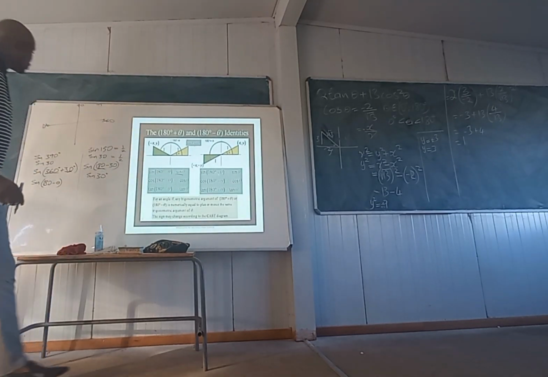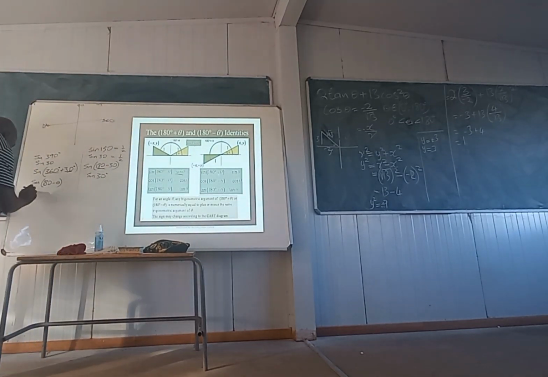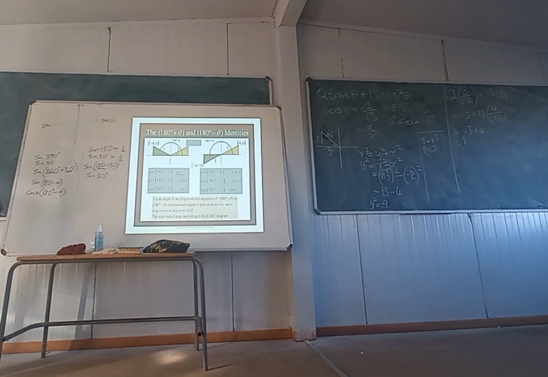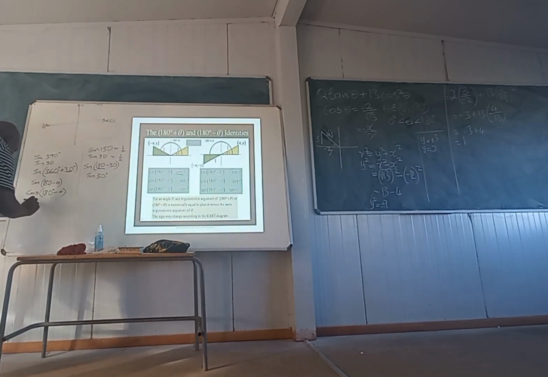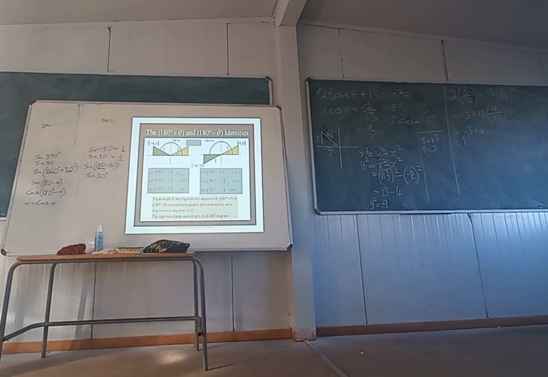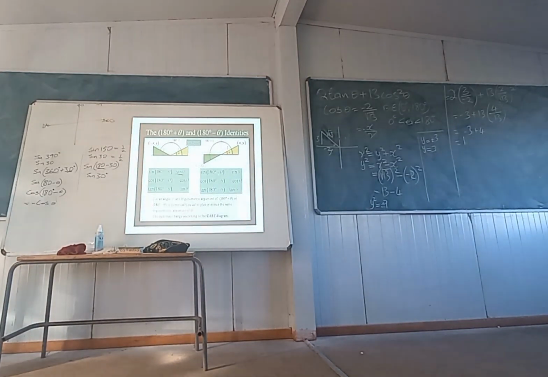Now let's look at cos. Cos of 180 degrees minus theta is negative cos theta. Why negative?